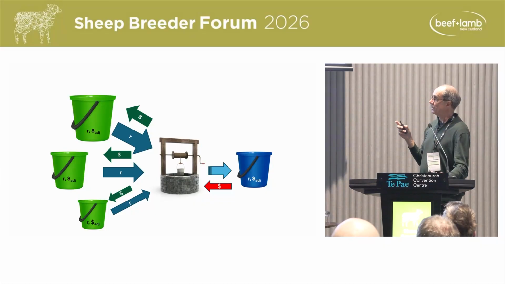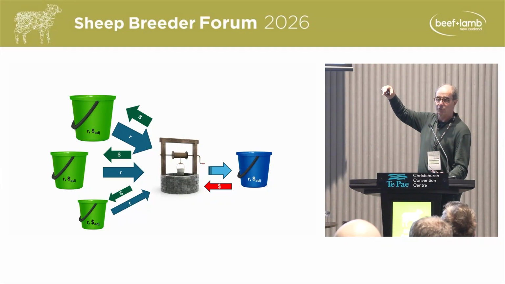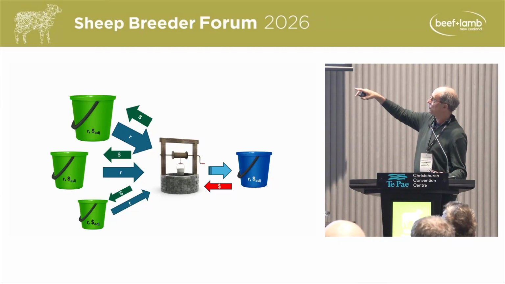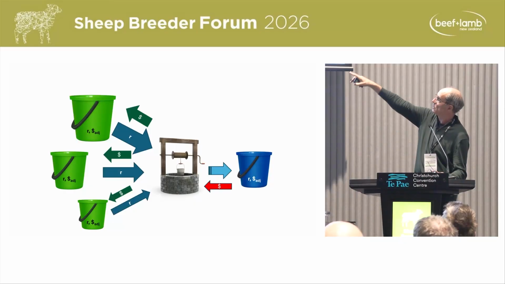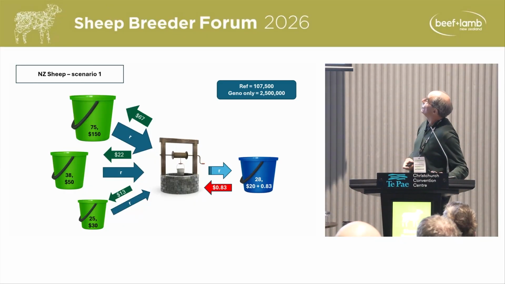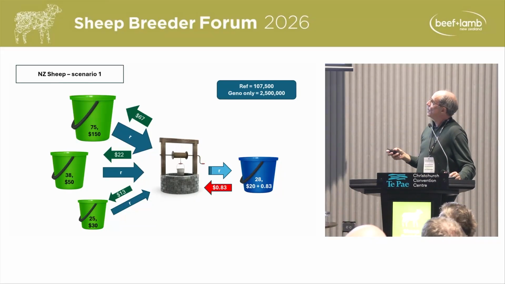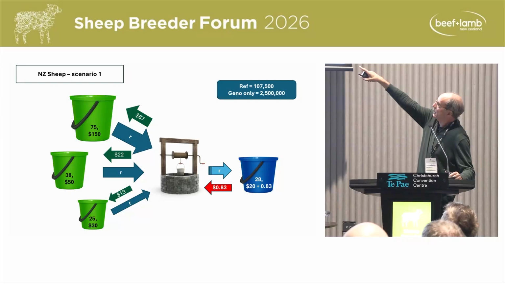And the intention is that everybody ends up in a situation where the accuracy they achieve per dollar is the same, no matter whether they're the small bucket, the middle bucket, the large bucket, or the blue bucket, okay?